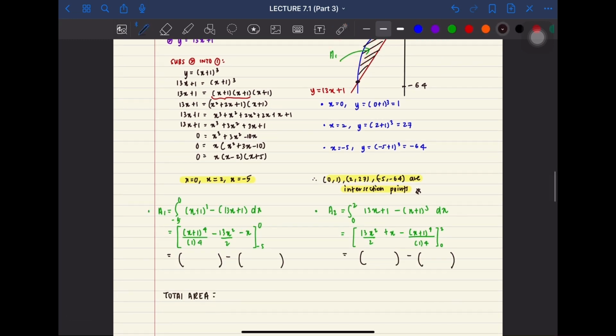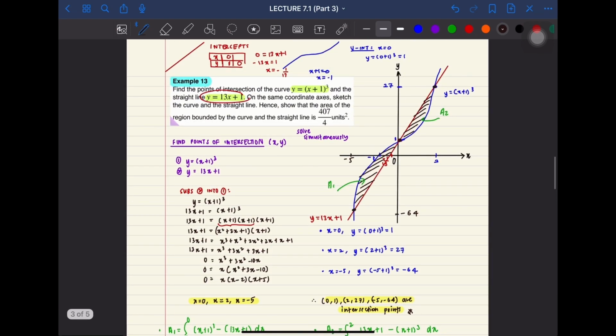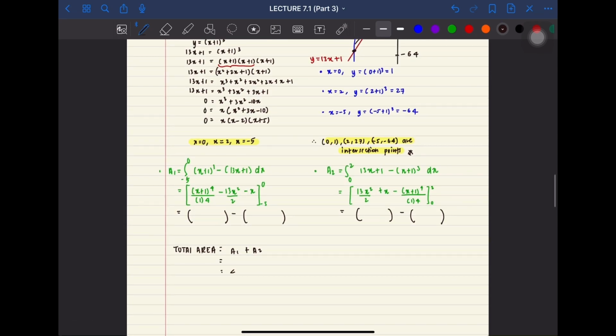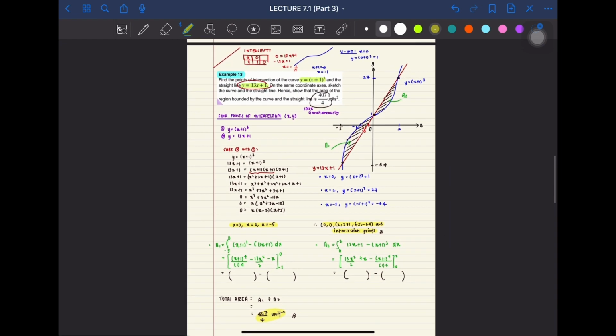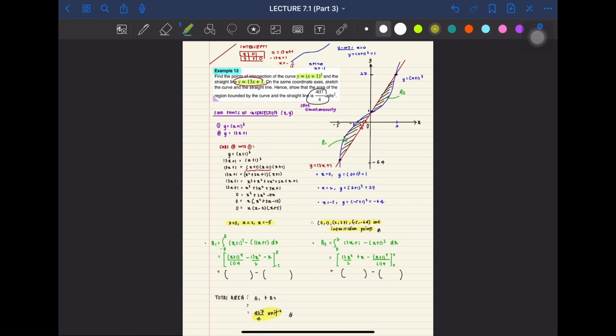So bila dua-dua awak kena tambah A1 tambah A2. So awak masukkan nilai yang awak dapat, betul ke dapat 407/4 unit square. Okay, settle. Okay, this one memang quite long. Okay, so please fahamkan betul-betul and ask me if you have any question.